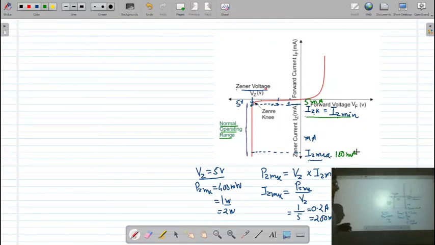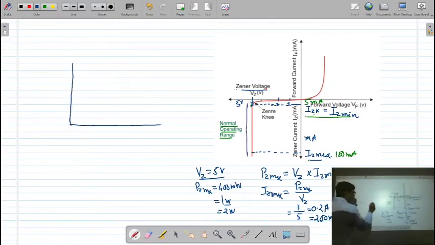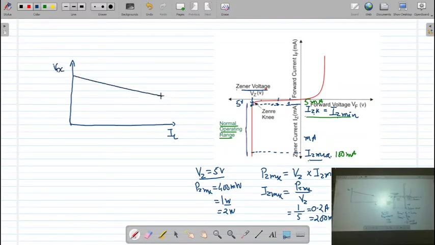Now let us see how the Zener diode is used as a voltage regulator. We know that in an unregulated power supply, as we increase the load current, my DC voltage goes on decreasing.